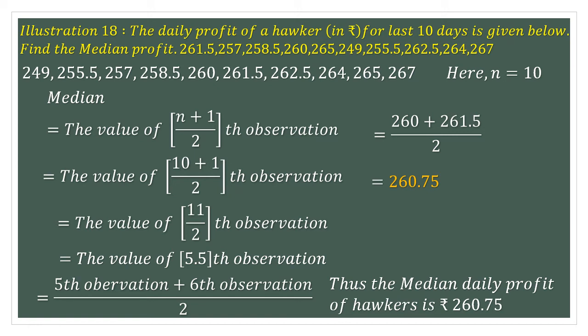So when your observational answer is in decimals, that is 5.5 or 6.5 or any such number, you just need to find the average of that number and the next number. So if it is 5.5, then 5 and 6. If it is 6.5, then 6 and 7. It is very easy to calculate, nothing difficult there. Moving on.